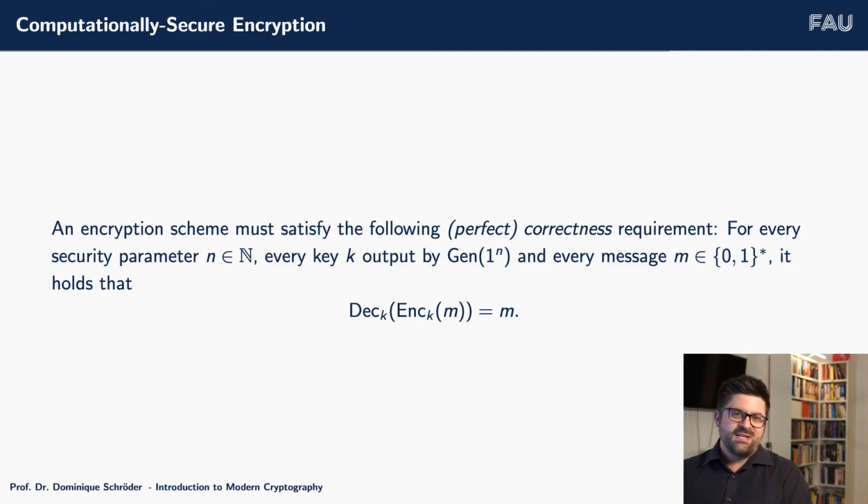In our case, it's quite easy. It means whenever I encrypt a message with a key honestly, which means I'm running the honest algorithm, I obtain the ciphertext. And if I plug the ciphertext back into the decryption algorithm, then what I get is the plaintext again. So this finishes the description of the interface of an encryption scheme.